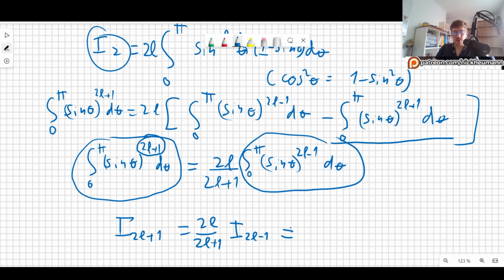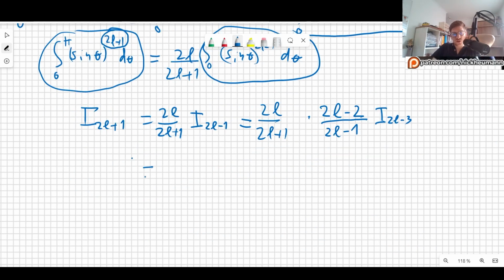So if we want to go for the next one, we have 2L plus 1, which is this one. Then from this integral, using our recursive formula, if we input 2L minus 1, we get 2L minus 2 over 2L minus 1, and we multiply by the next one, which would be 2L minus 3.